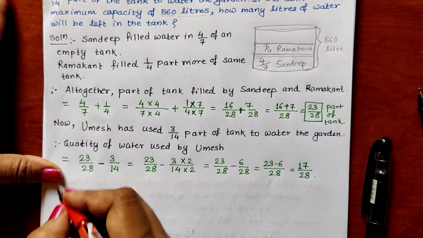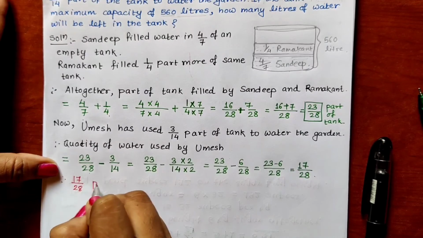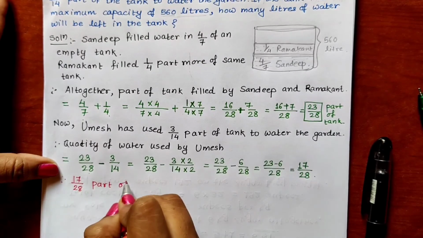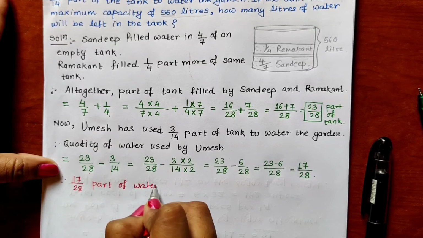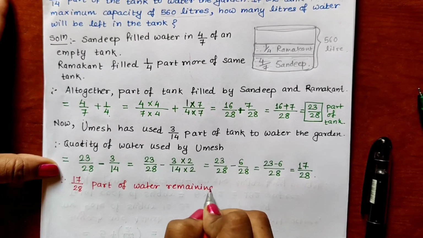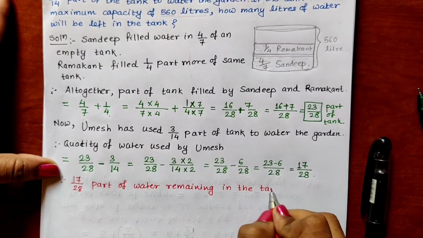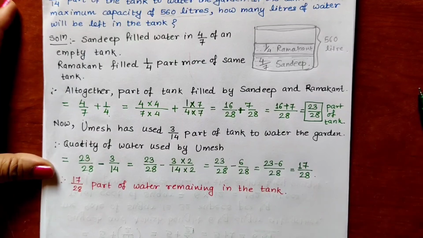Therefore, 17 upon 28 part of water remaining in the tank.